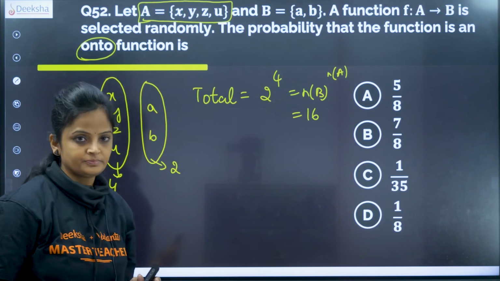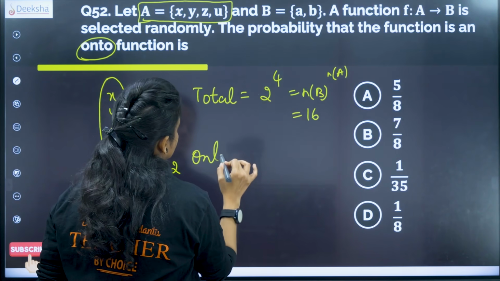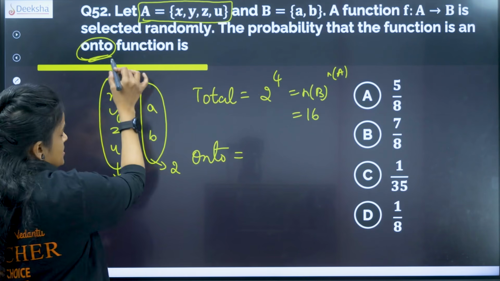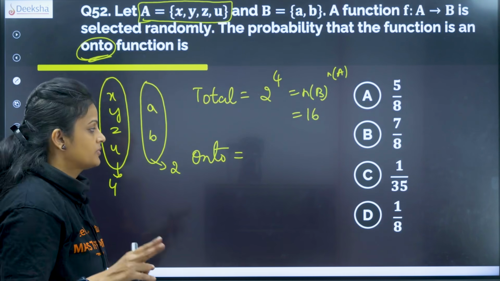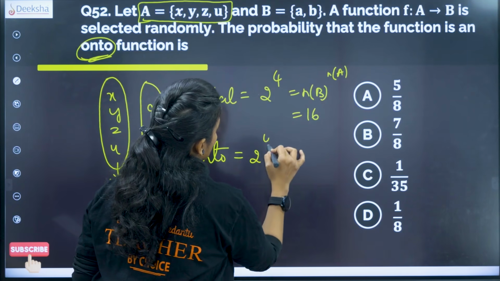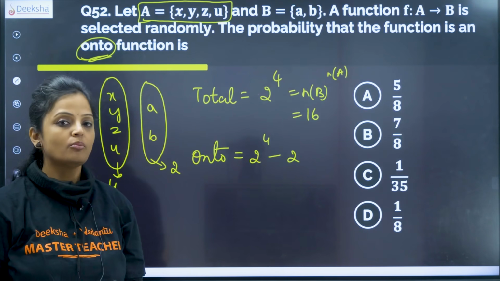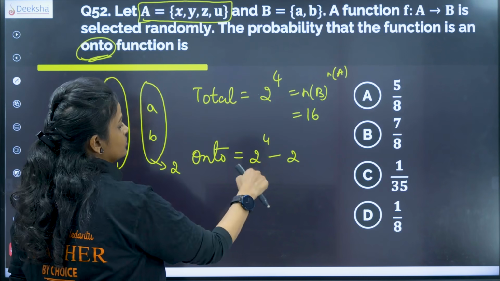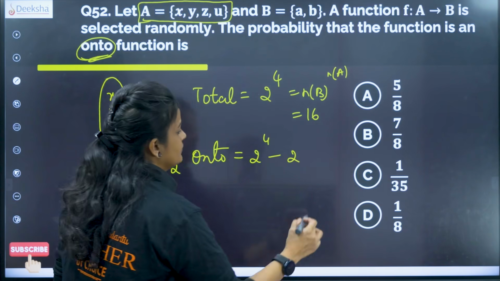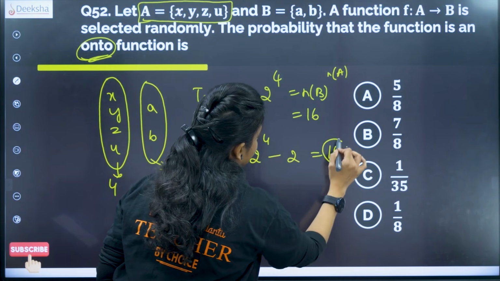This is the total. Onto is needed, they are asking you onto functions. So from the total I have to subtract 2. So it is 2 to the power of 4 minus 2. This is the standard formula, right? So for onto it is 2 power 4 minus 2, that will give you 14.